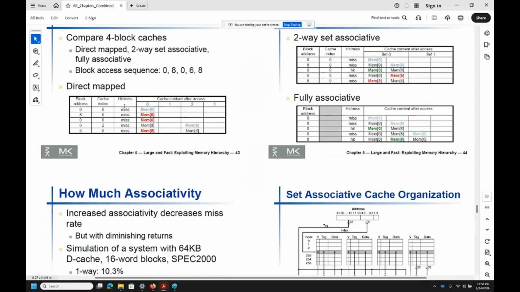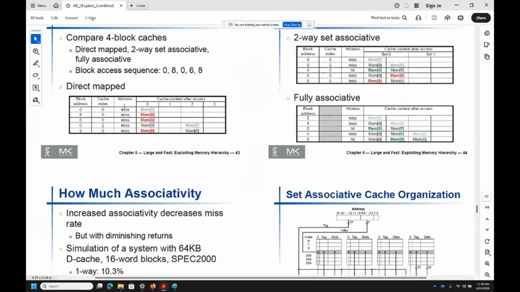In direct mapped, the hardware to find where the data is very easy, because you can just directly look at that address and check if the data is there or not. For set associative, you have to do two steps. First, you have to find the set, and then within that set, check which location.